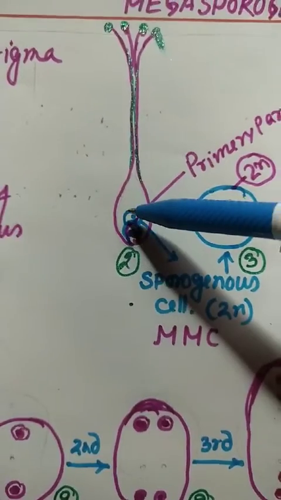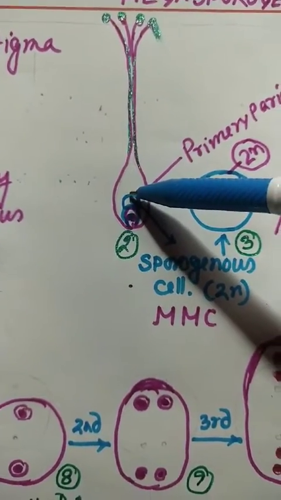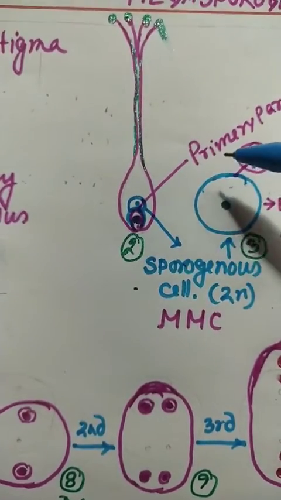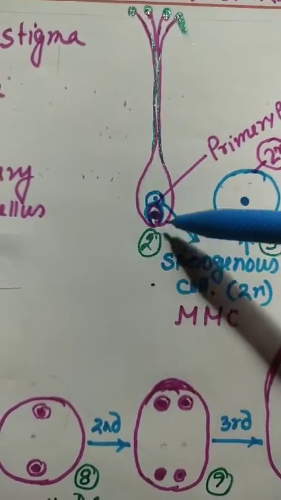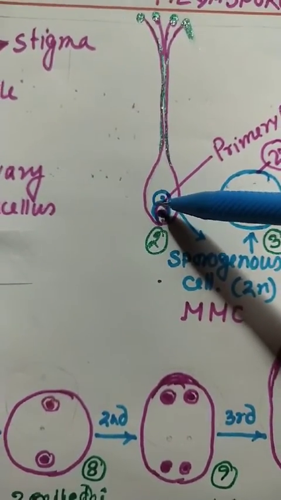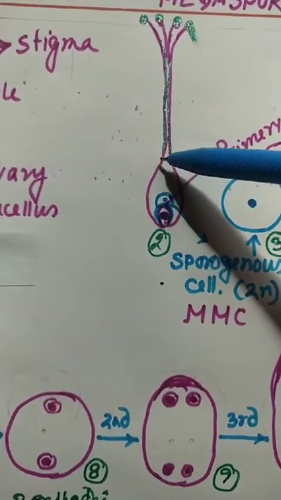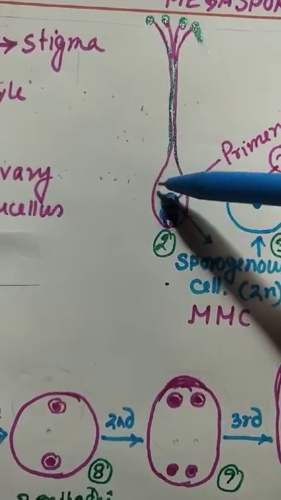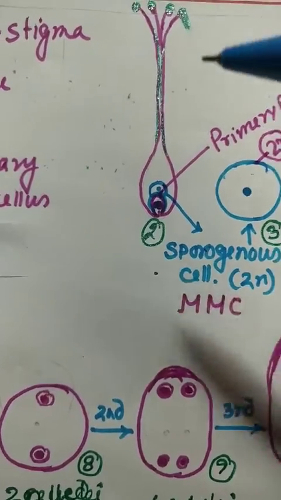This parietal cell divides once or more and finally forms the wall of the megasporangium.